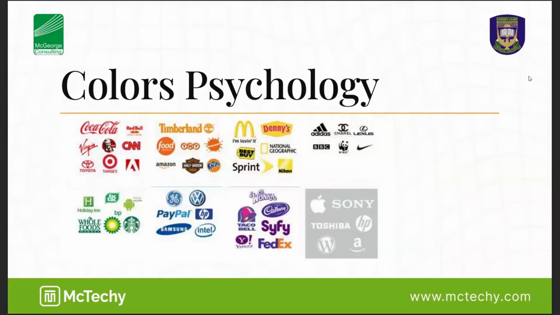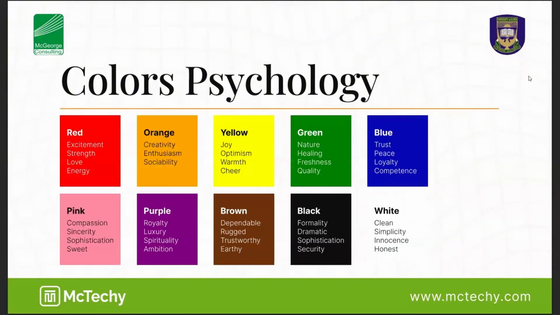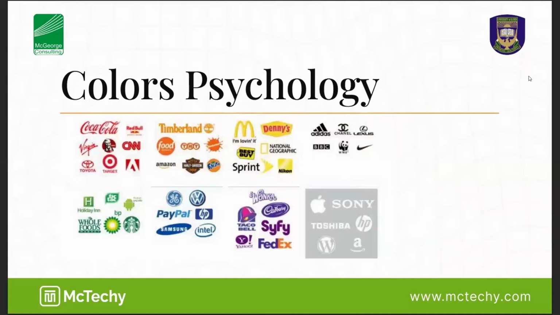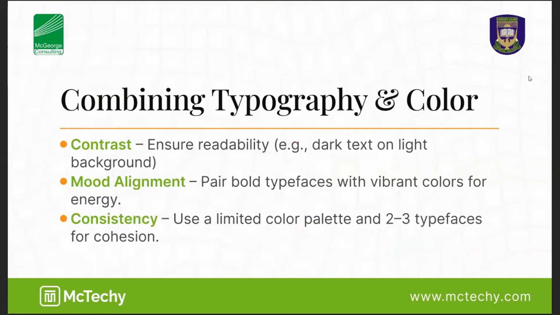Timberland, Fanta, Amazon, you can check all of those brands. Nike is black because black is something sophisticated, something formal. We have PayPal, Samsung, Intel, Sony, Apple, HP, Toshiba, and all the brands like that. We can keep naming them. They are doing this not because they feel like it's the best, but because of a particular meaning.